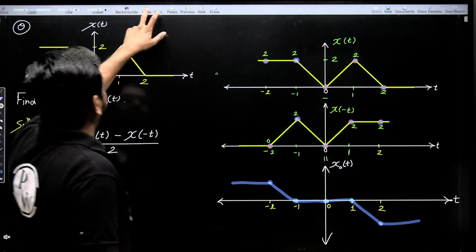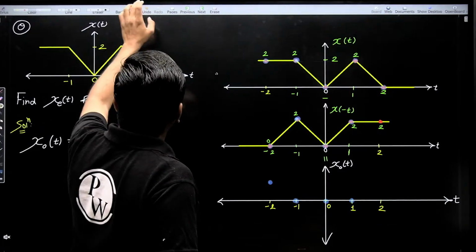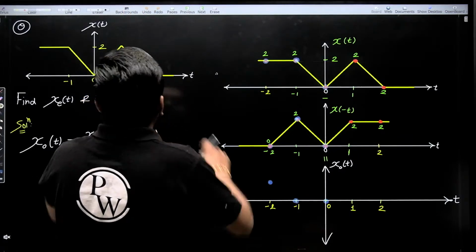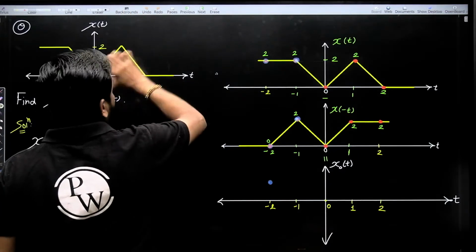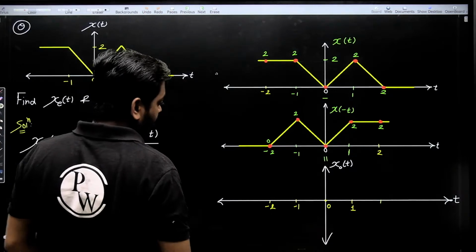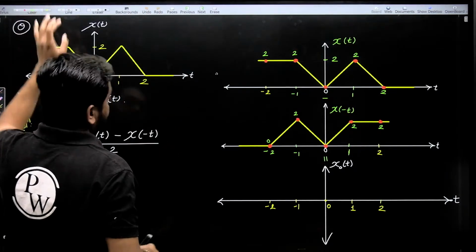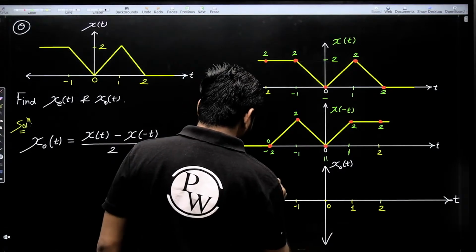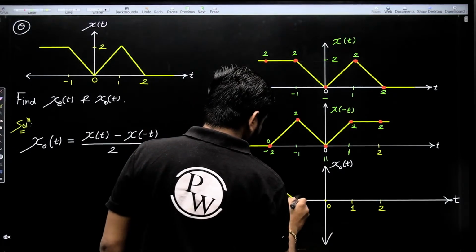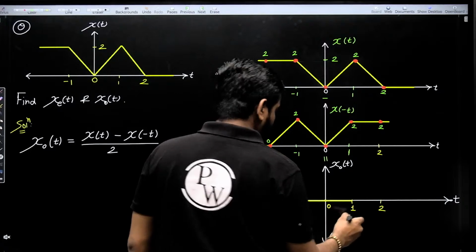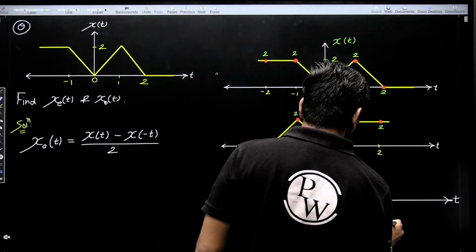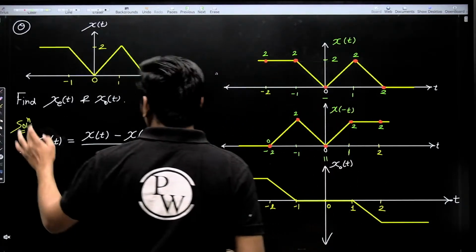Here is what? Is odd signal. This is 1, then 0, 0, -1. Okay, and amplitude is divided by 2.